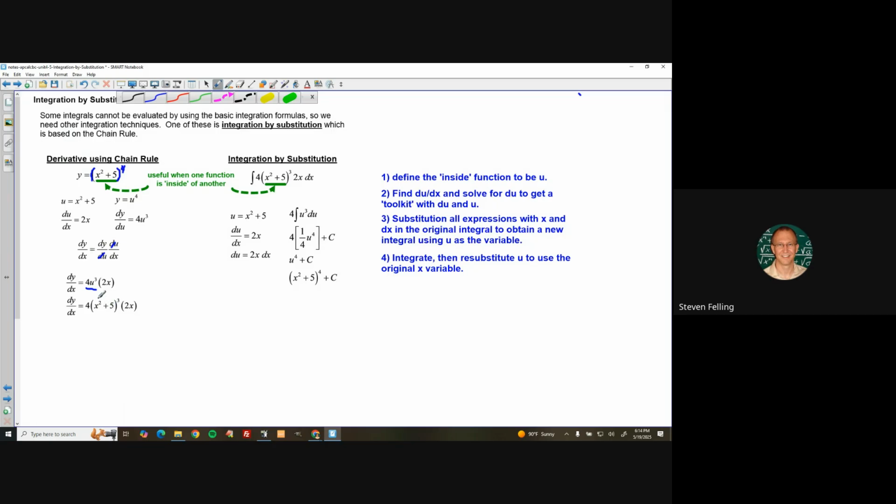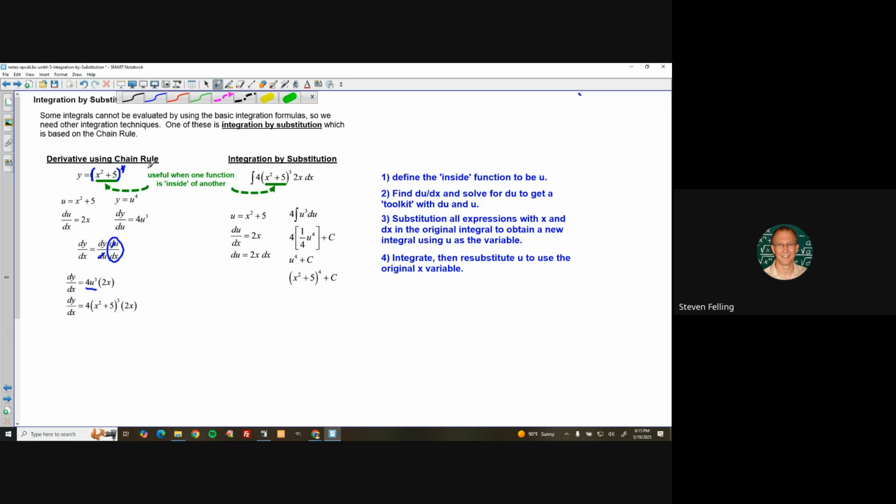That's taking the outer derivative, 4 times the inner cubed, and leaving the inside unchanged. But then this is the reason why we have to multiply by the derivative of the inside function, which in this case is 2x. So this is useful and required whenever you have a function inside of another function.